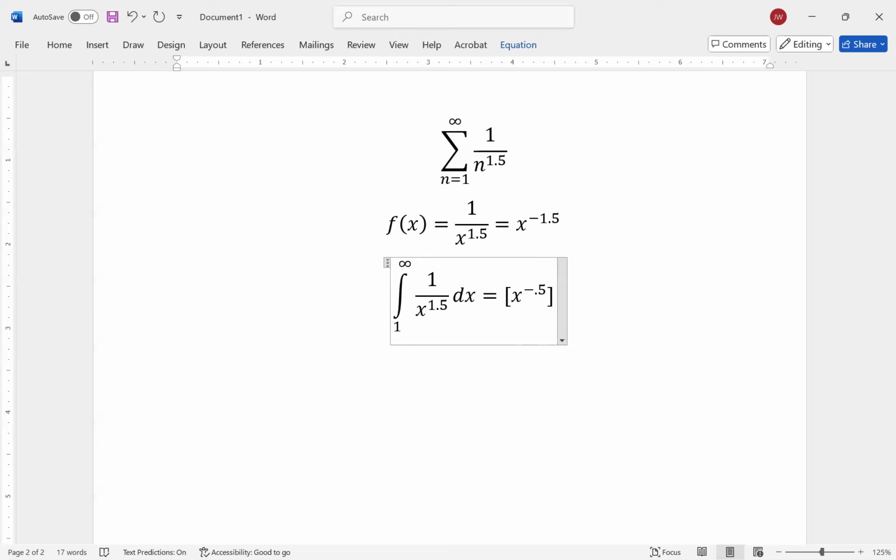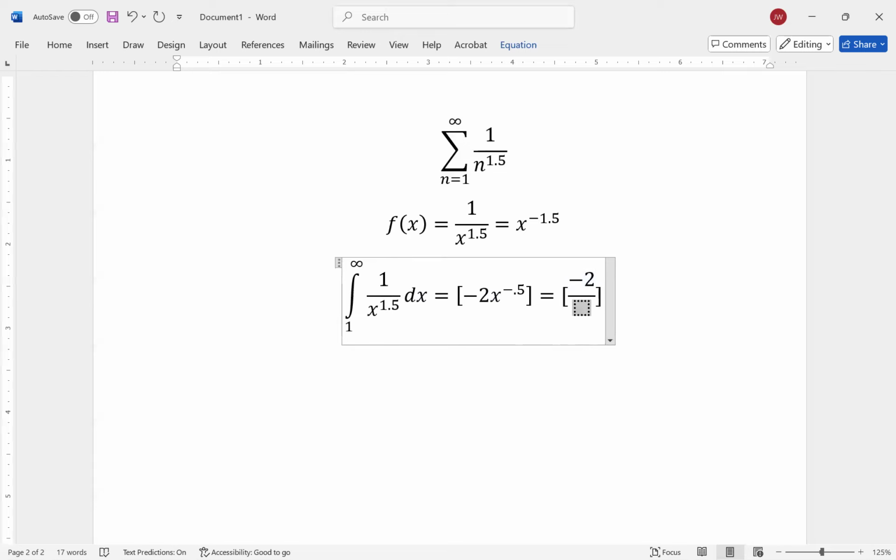And then I would divide my coefficient by my new exponent. 1 divided by a negative 0.5 becomes a negative 2. Before I put the bounds on, let me just say this. That's the same as negative 2 over x to the 0.5 power, or in other words, the square root of x.